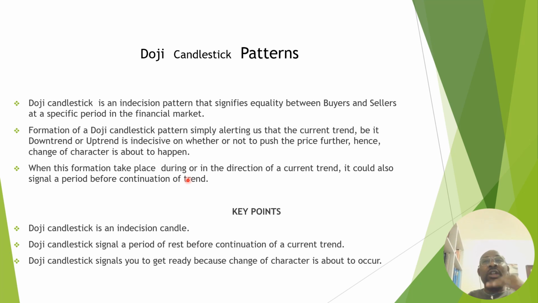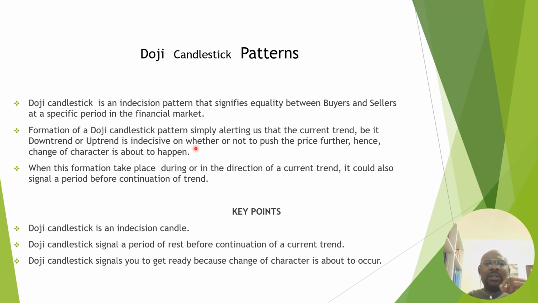As the price is going up or going downward, it will get to a point where the current trend will cease for a moment. The price is no longer going down or going up. It will cease at that specific period, and the price will remain at the same level.